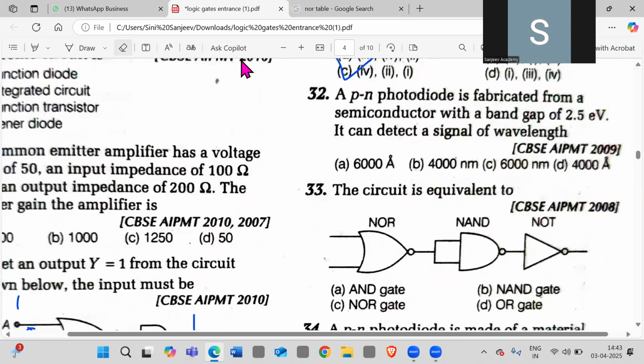33rd one. The circuit equivalent to. So put 1 and 0 and see. 1 0, I'm getting what? 1 plus 0 is 0. 1 plus 0 is 1. So complement is 0. 0 complement is 1.